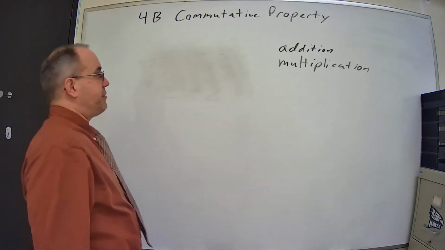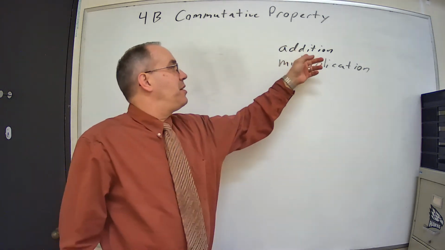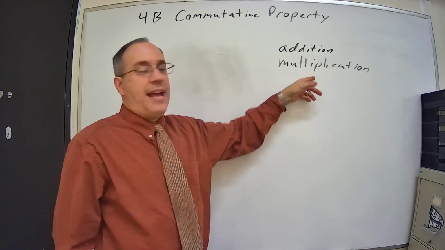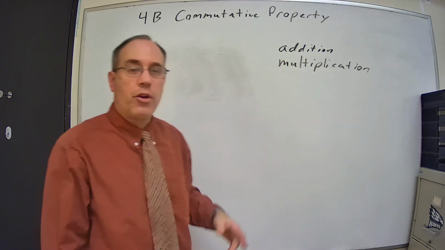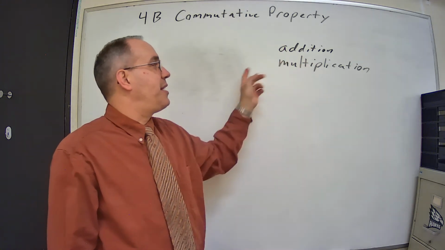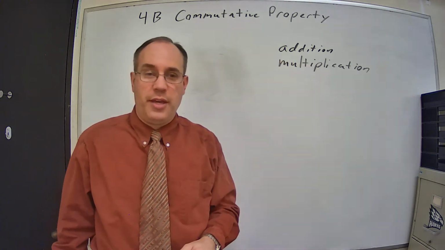So we have come up with the fact that addition is commutative, as is multiplication. So we usually refer to that as the commutative property of addition and the commutative property of multiplication.